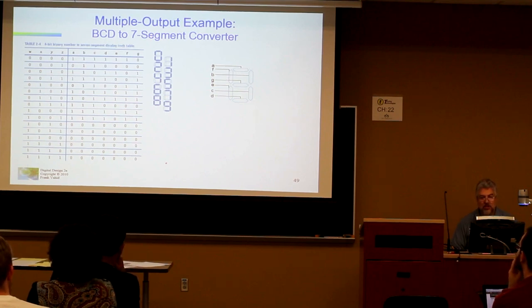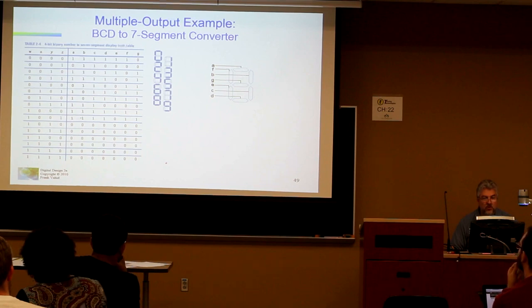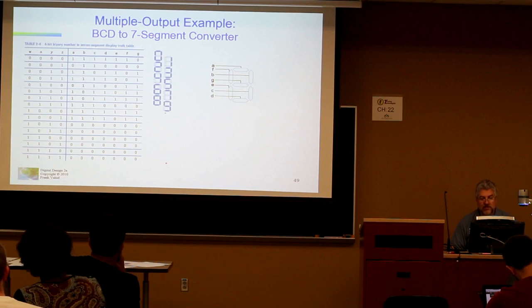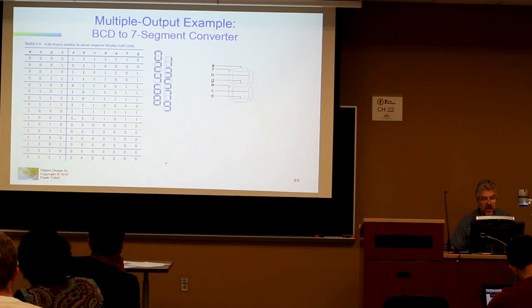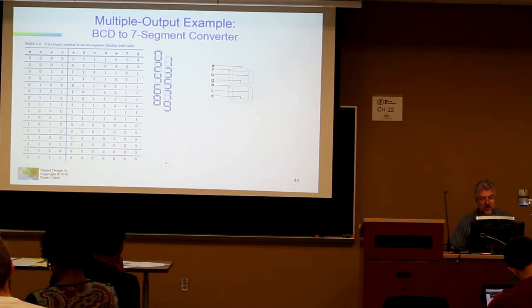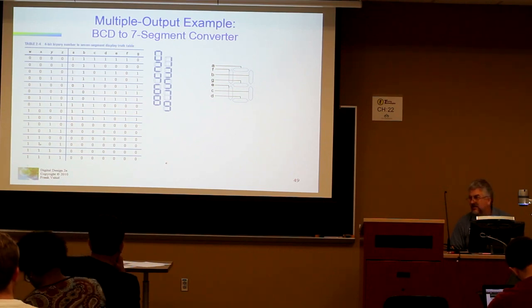So an 8 has all of these lit: 1, 1, 1, 1, 1, 1, 1. For 9, you notice it is everything lit but element E. So here's 9: A, B, C, D, E is not lit, F, G is lit. Now notice here, 10, 11, 12, 13, 14, 15, they don't really exist, do they? Correct? Yes, no?